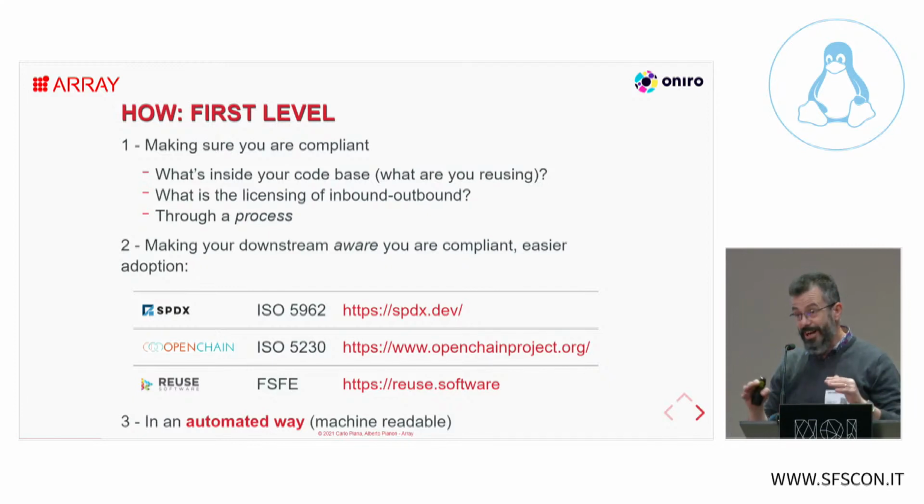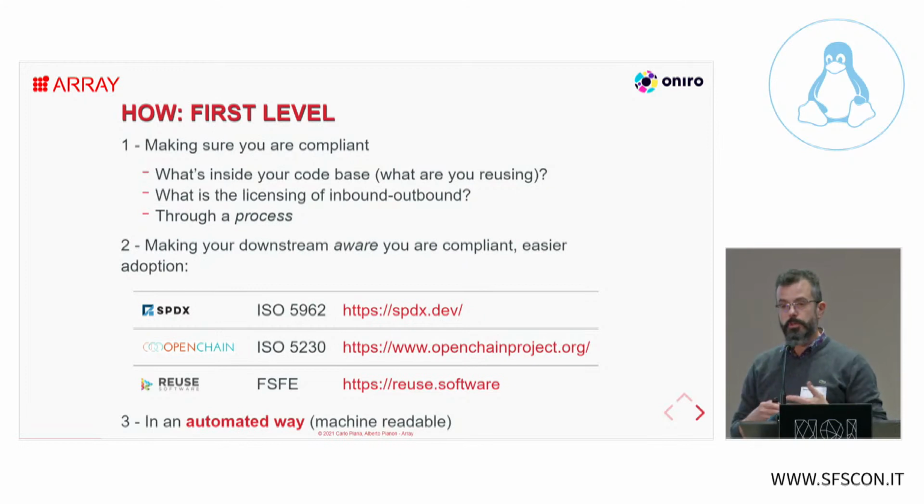It's not enough for a good, viable ecosystem. You want to know, of course, what's inside your project, and you want to have it programmatically, not just once in a while. You want it to be a process, something that goes on quickly and in all the process, from the beginning to the end, in a continuous way.